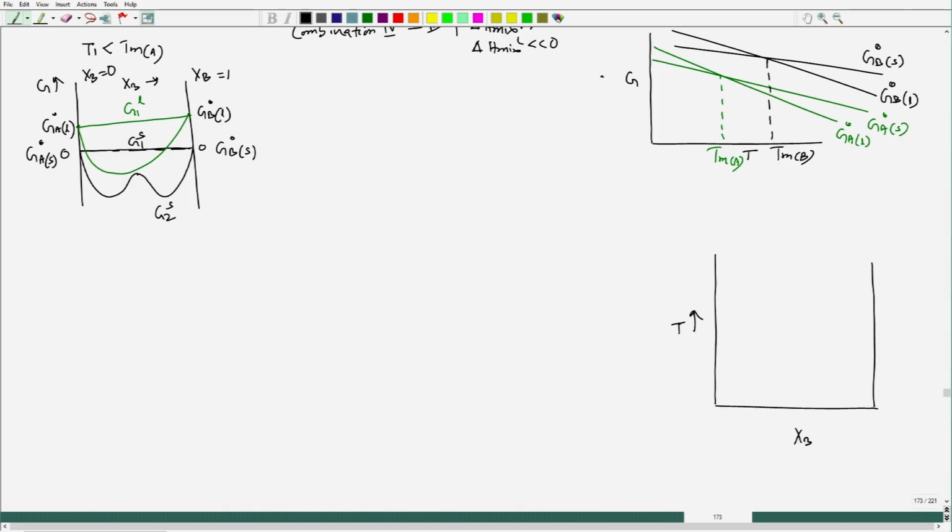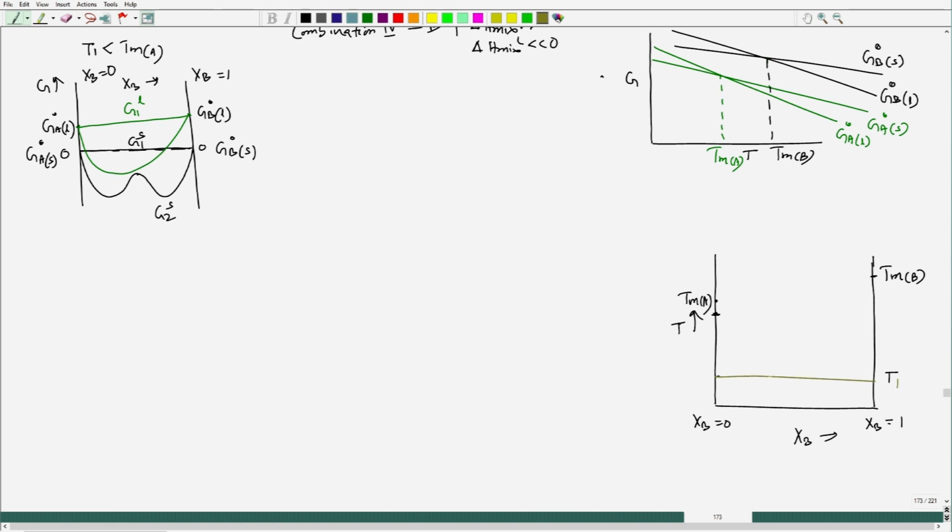So, I can take the plot here. T is varying this way; x B equal to 1 and x B equal to 0. So, this is T m b, this is T m a. Let us say these two values, this is T1.